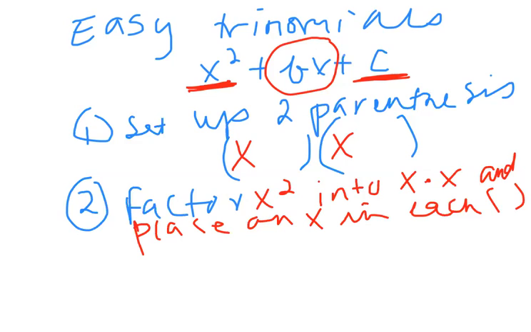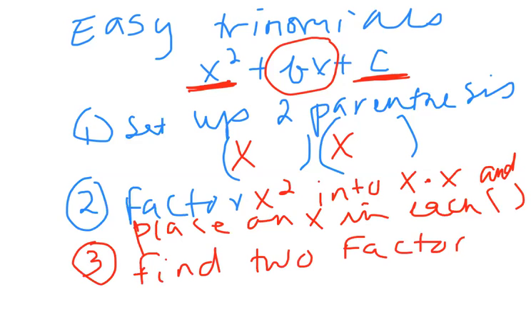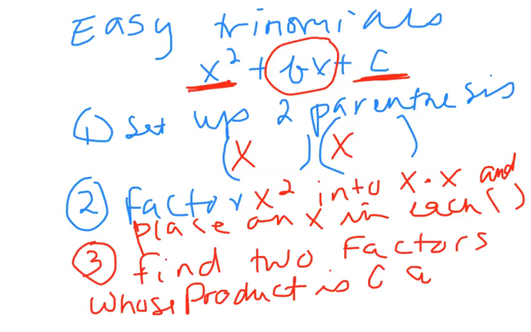Now, step 3, guys, you want to find 2 factors whose product is c and whose sum is b.